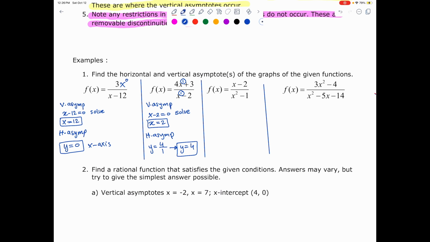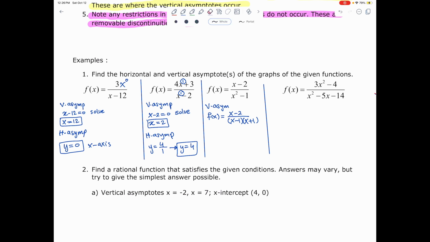The third example, the vertical asymptote. First, let's factor the numerator and the denominator. So we get f of x equals 2. The numerator does not factor. The denominator can be factored into x minus 1 times x plus 1. There are no factors to cancel between the numerator and the denominator, so we're not going to be able to simplify this expression.